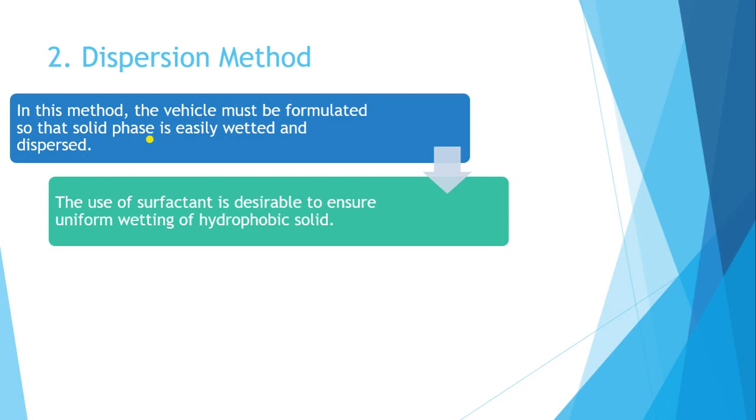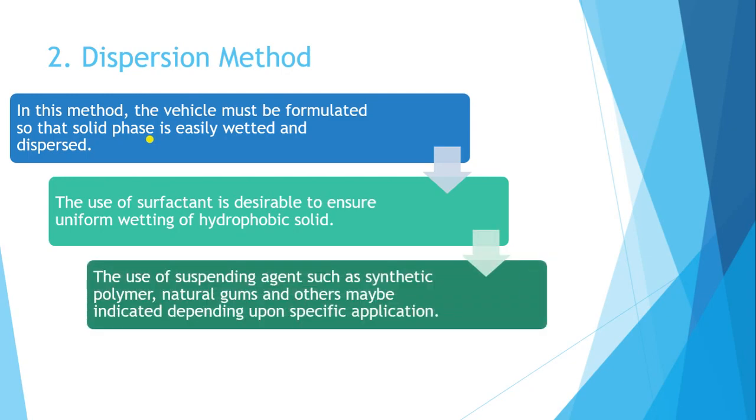The particles are not soluble in our solvent, and that time it is called hydrophobic. So whatever surfactant or suspending agent we use, uniform wetting should be there. Which type of suspending agent do we use here? Synthetic polymers and natural gums like acacia and tragacanth, depending on the particular formulation given in the IP.